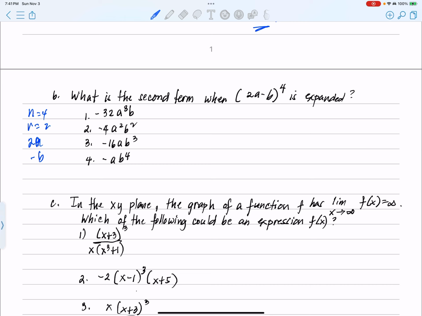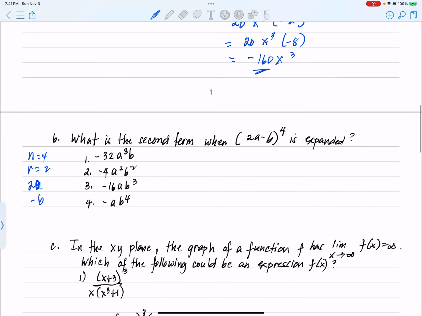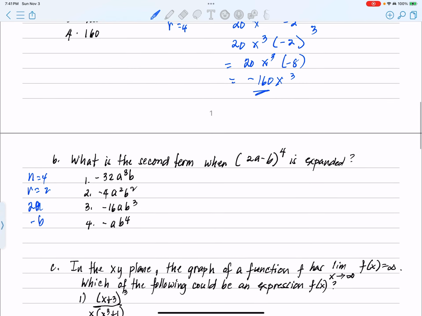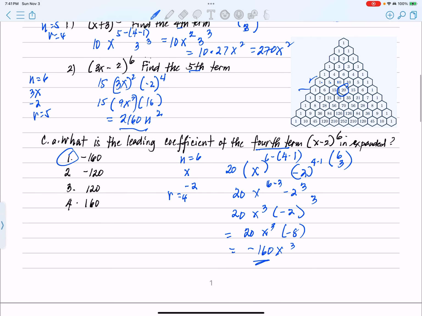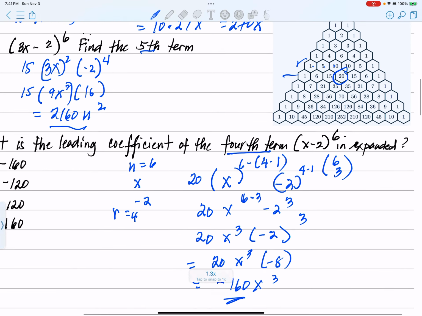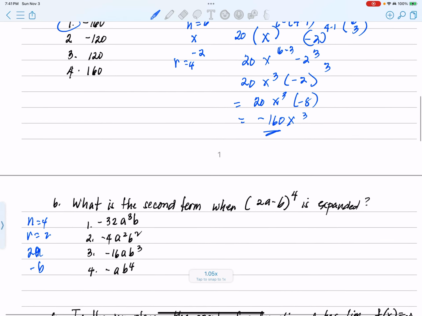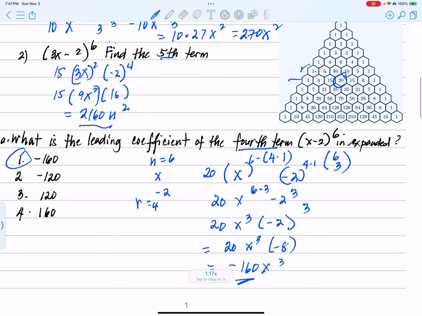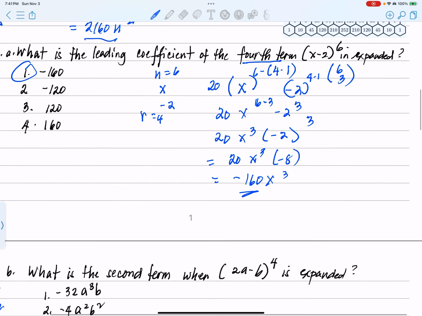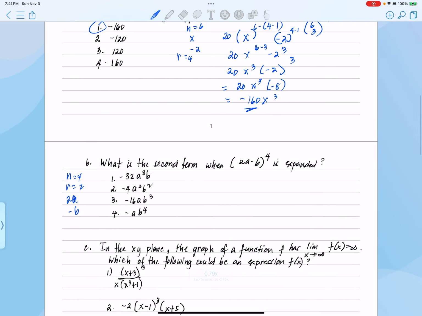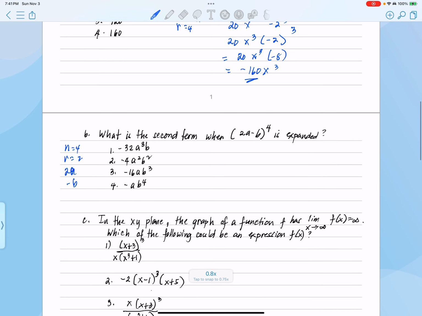Okay, let's look for row 4. Second term of row 4, we have 4 right here. All right, so we have 4 as the second term.